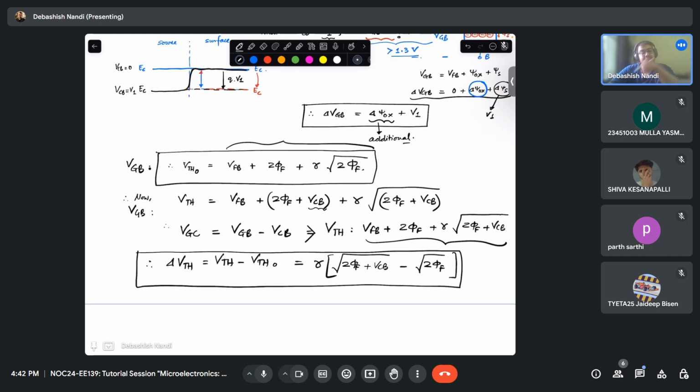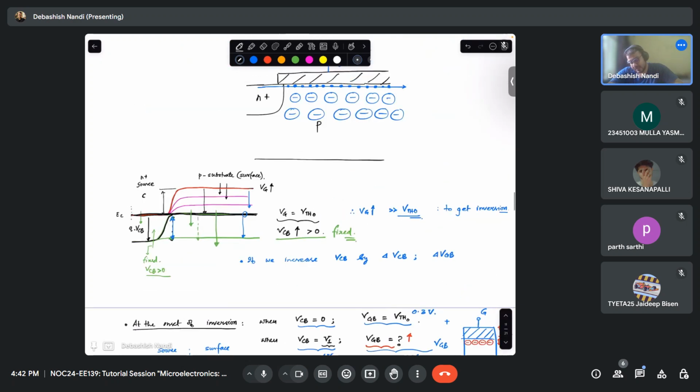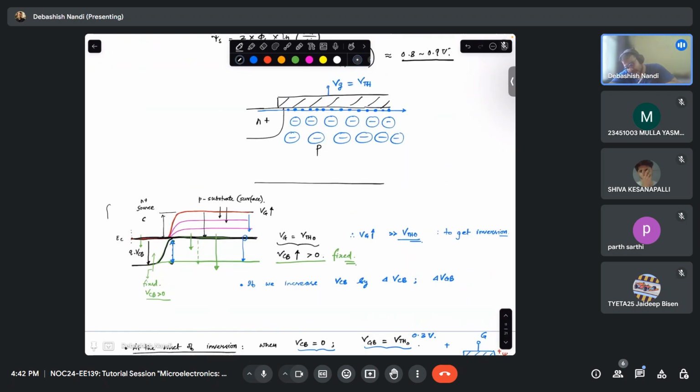If you apply your body potential, then a more amount of gate voltage will be required for you to achieve that same level of inversion. And how do I say that? This is explained in this diagram. When you are increasing your VGB, that means you are reducing the energy barrier between the source and the channel.